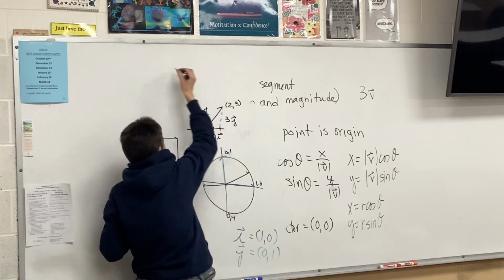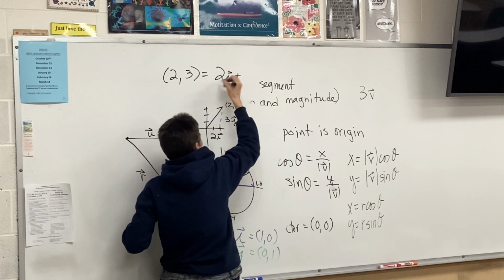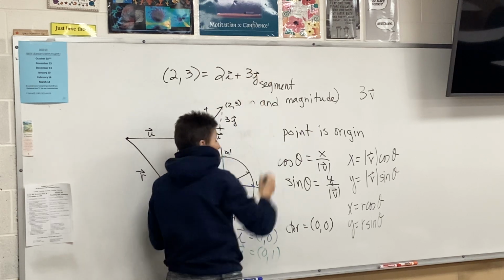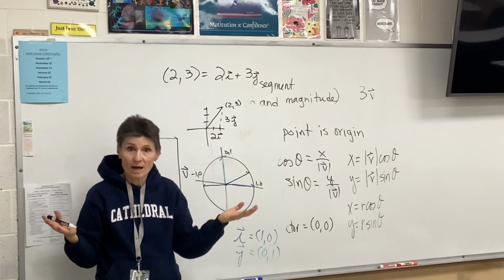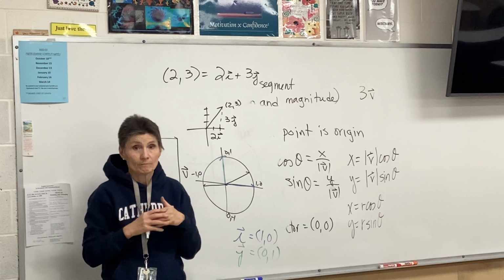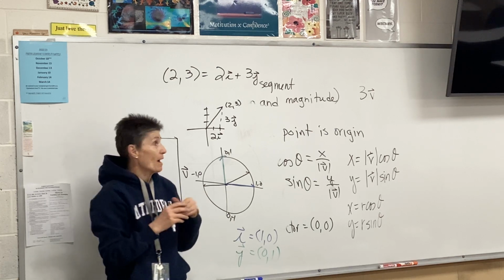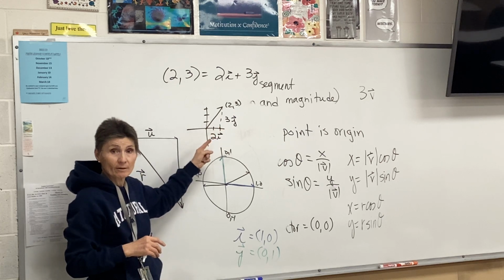So the vector 2, 3 can be written as the sum of 2 i's plus 3 j's. 2 i's means you're taking 2 horizontal steps, and 3 j's mean you're taking 3 vertical steps. And that would result in that vector right there, over 2 up 3.